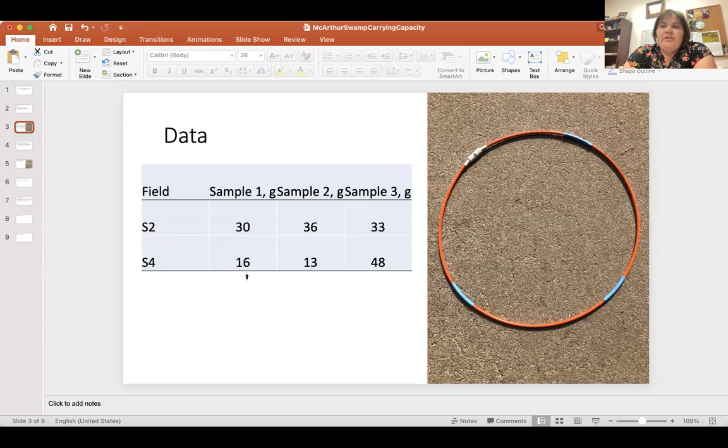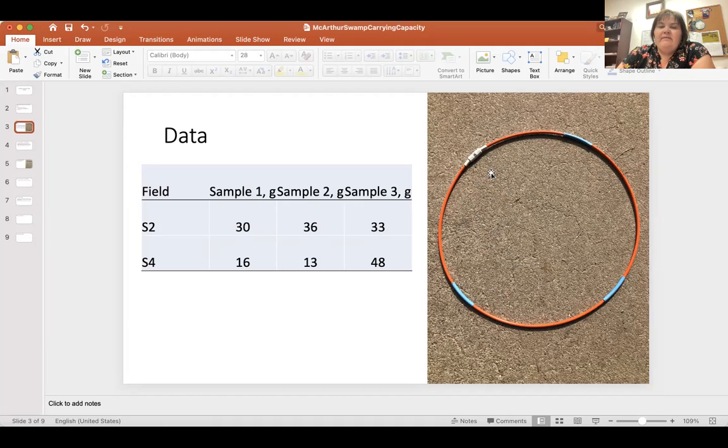And so she went out, and in the exclosure, she dropped a hoop pretty randomly within that exclosure. And then everything within the hoop that was edible by an animal was collected. Okay, so she took the tillers of the grass clear down to just above the soil.